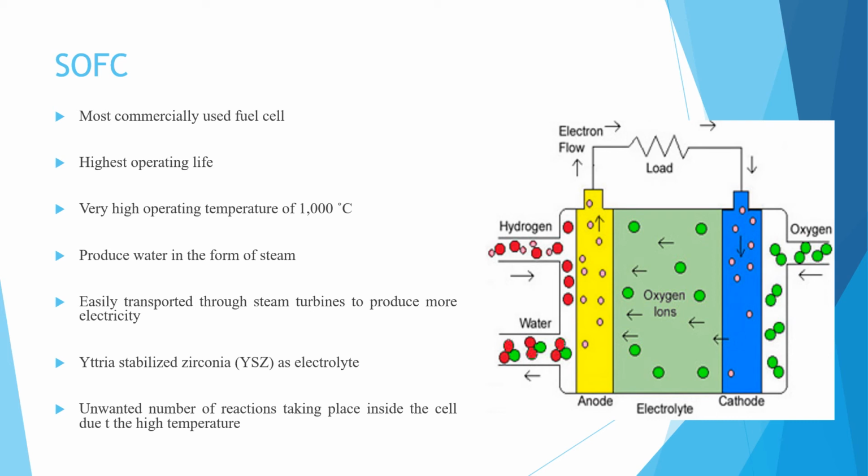It produces water in the form of steam just because its operating temperature is so high. So that's why it is easily transported through a steam turbine to produce more electricity. This is the plus point of this fuel cell.